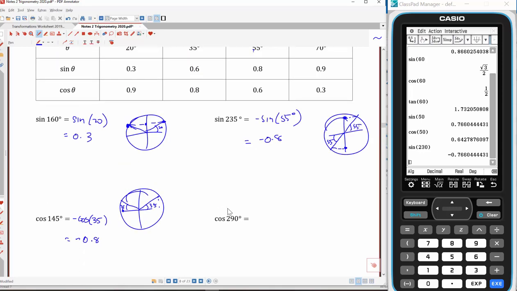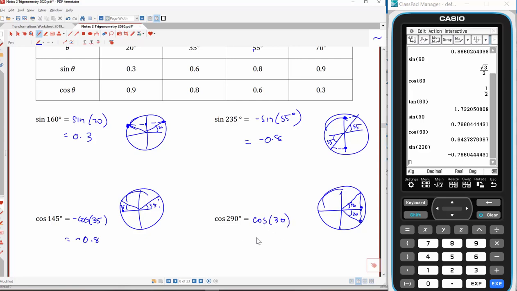All right, cosine of 290. So 290 is 30 less than 360. And we want this value here. Now, I don't know what the cosine of 290 is. It's not in the table given to us. But if I get the cosine of 30, it'll be exactly the same.